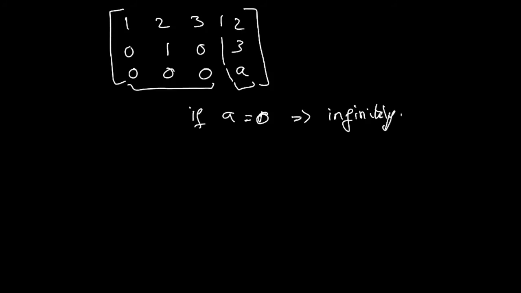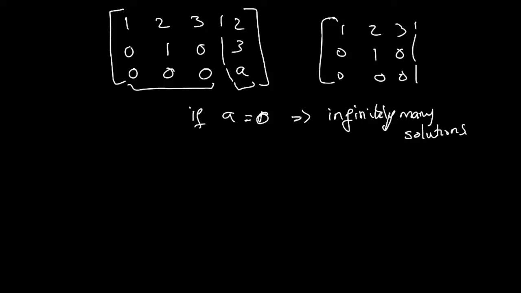Why? Because when you write the last equation, the matrix in this case would be just 1 2 3 0 1 0 0 0 0, and here you have 2 3 and 0.